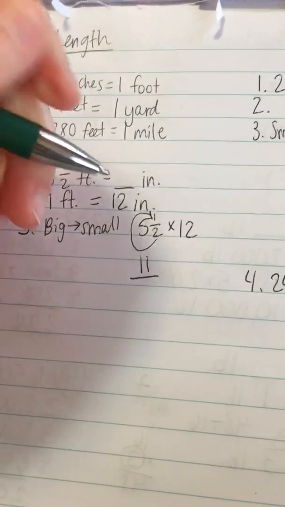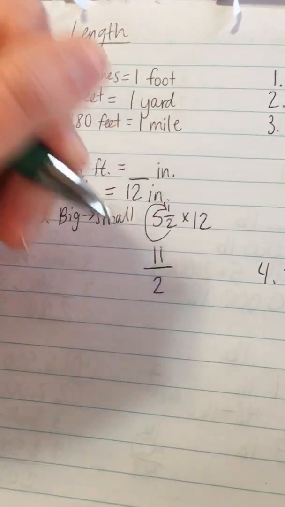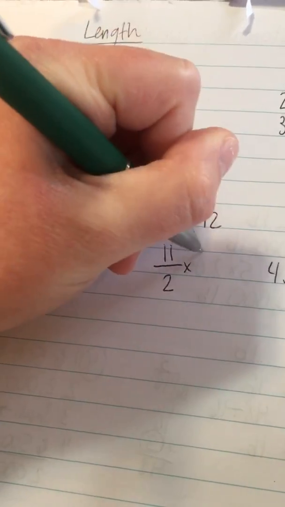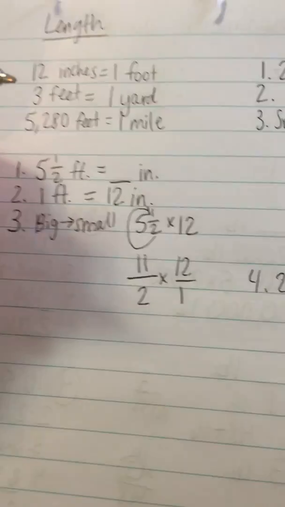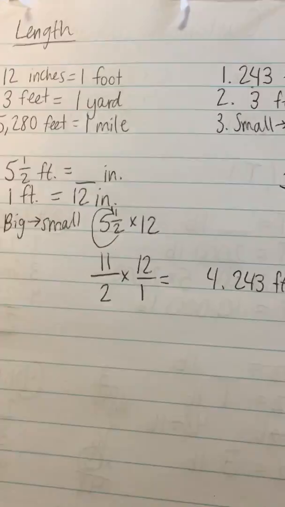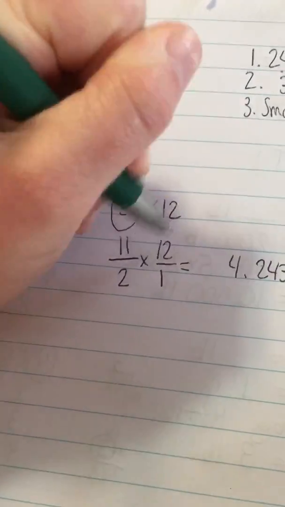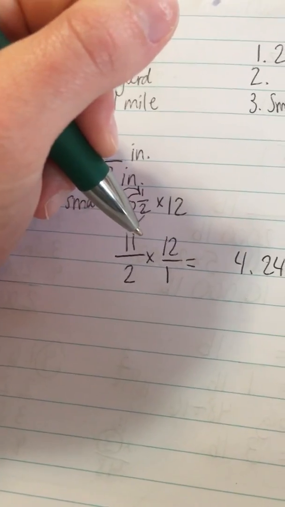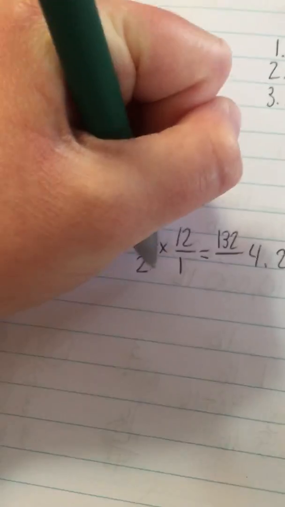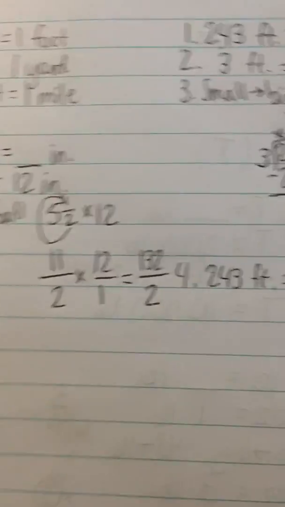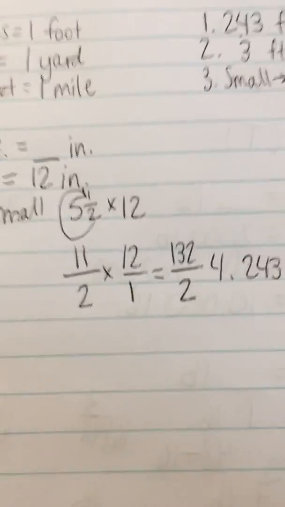So I'm going to do 11 over, my denominator doesn't change, 2. Now do you remember what this 12 goes over? The 12 goes over 1 to make it into a fraction, okay? So 11 times 12 is 132. 2 times 1 is 2. So now I have 132 over 2.